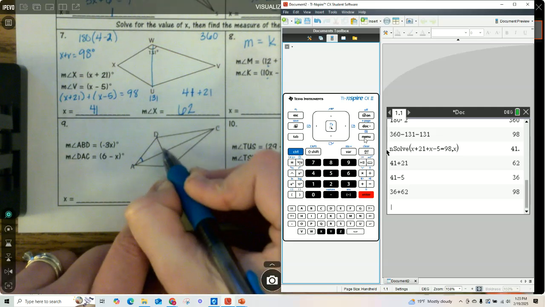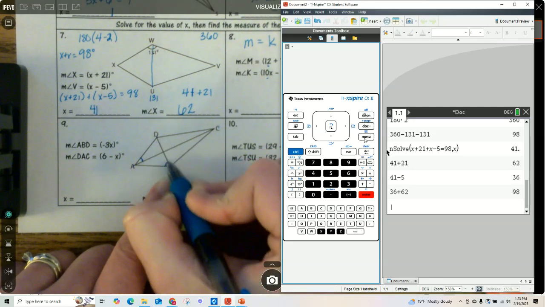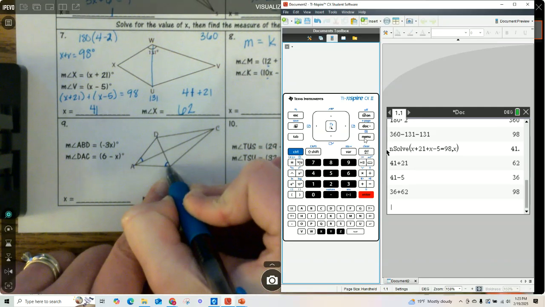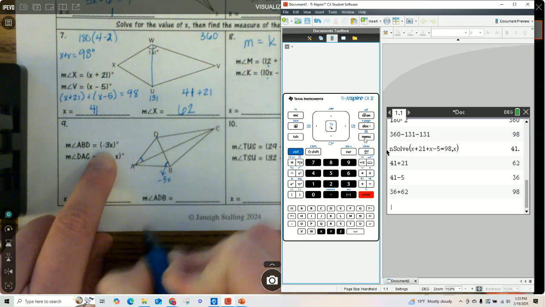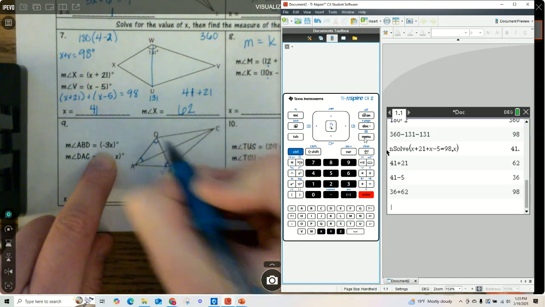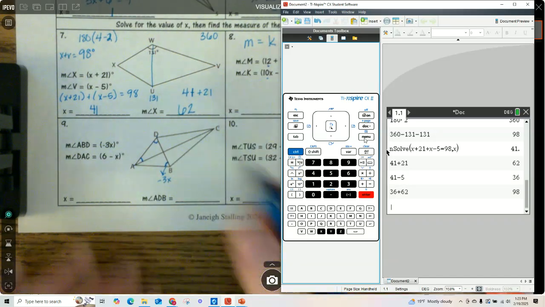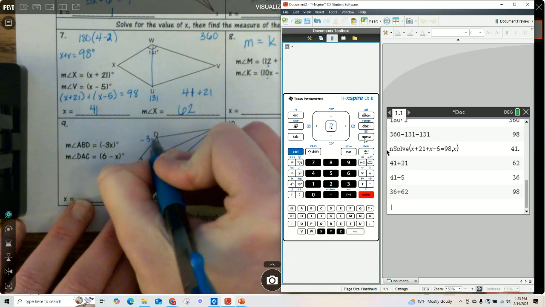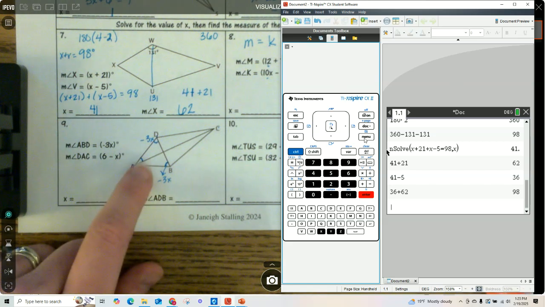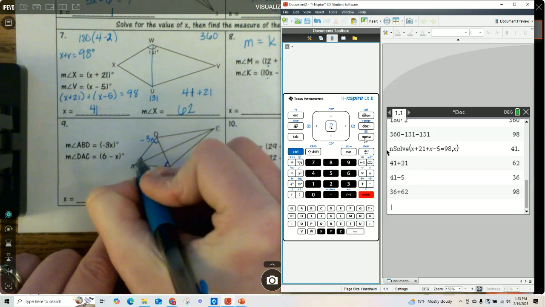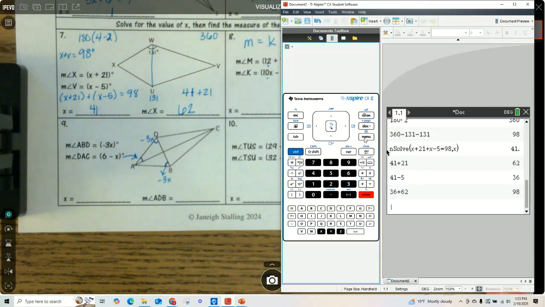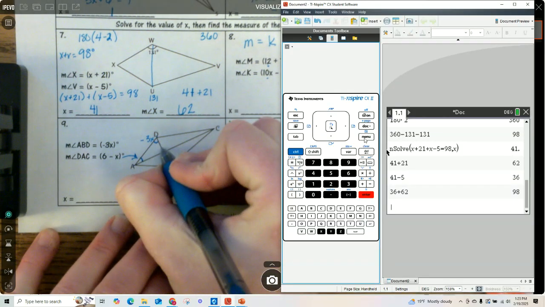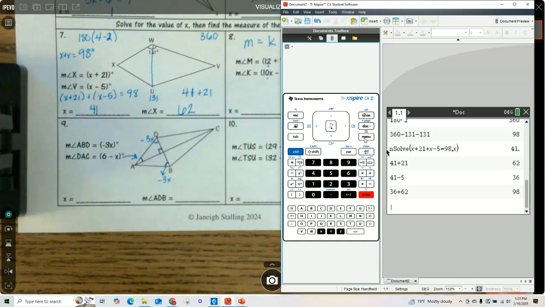Short diagonal, meaning if this piece here is negative 3x, then this piece here on the opposite side of that diagonal is negative 3x. And then we know this one here, I'm just going to draw an arrow this way, is 6 minus x. These diagonals are perpendicular. So you got that nice, pretty right angle there.